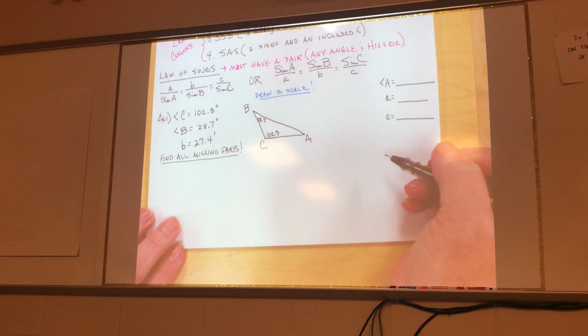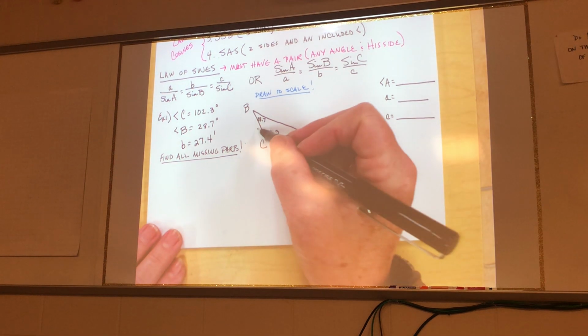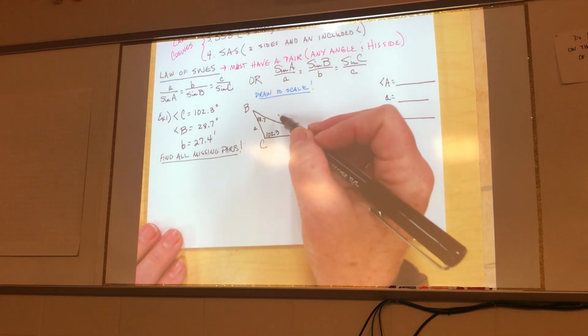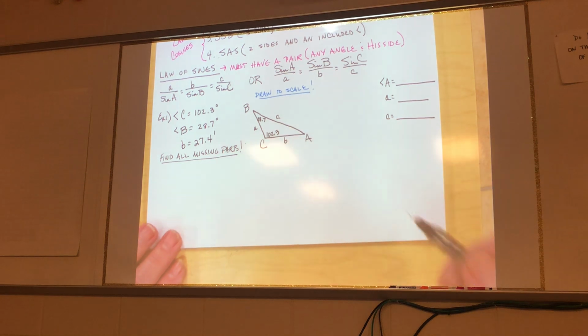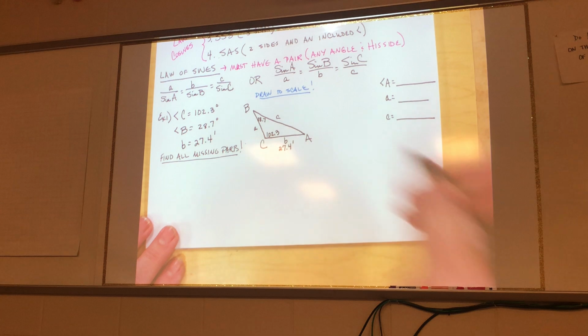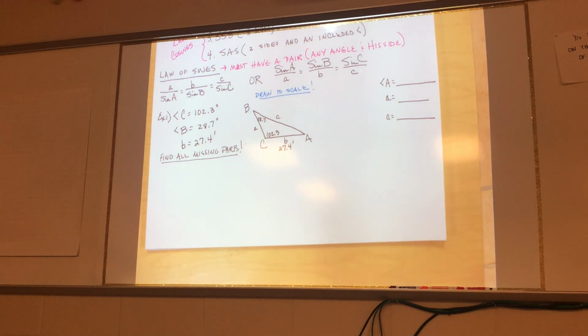I'm gonna label my sides. Are you with me? Tell me what side this is. A. Right here. And B. Okay, I know what B is. He's 27.4 feet. This unit of measure is determining the length and the unit of measure that I will use on the other two sides.